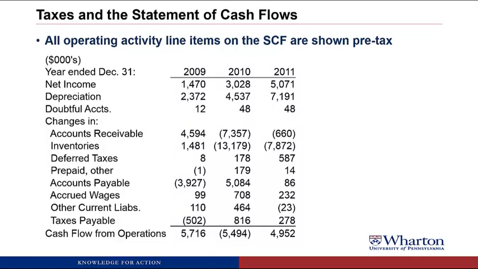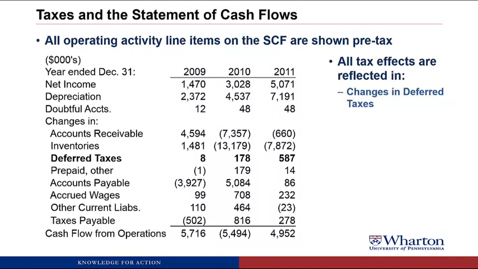All of those lines are shown pre-tax. And we can do that because all of the tax effects are going to be reflected in two line items, one for the change in deferred taxes during the year, and another for the changes in income tax payable. Those two line items take care of all of the tax effects for the operating activities.